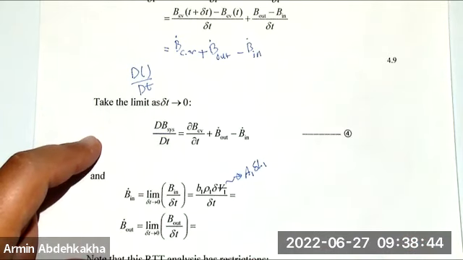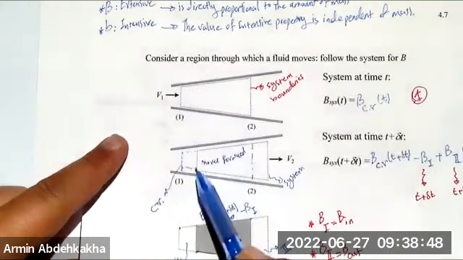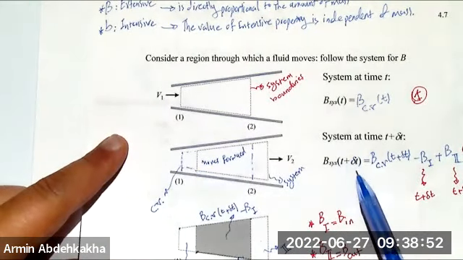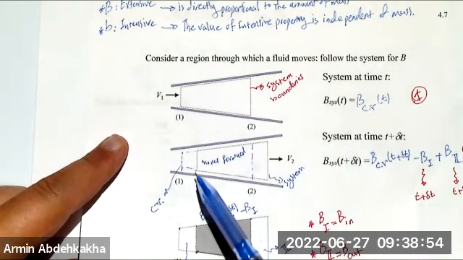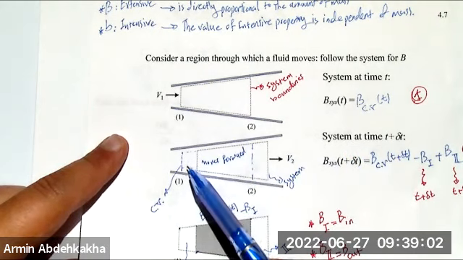If you check it here, and again, why is this a delta V? Because the time increment is delta t, so this amount of volume is very small. That's why we can say that this is only delta V, and we take the integral of those, right?